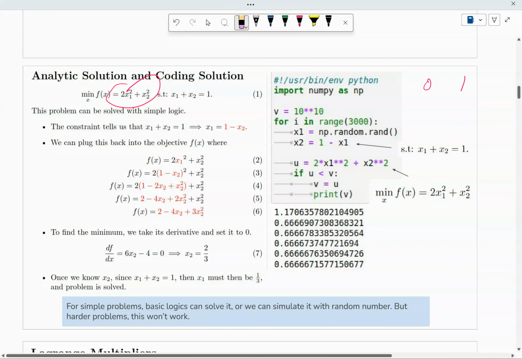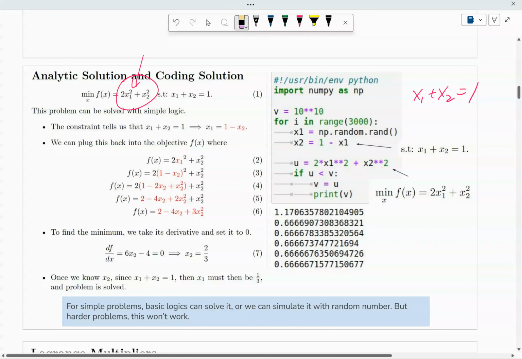So now we know that x1 plus x2 equals 1, because I generated it that way. After randomly generating them, I plug the values x1, x2 inside the function.